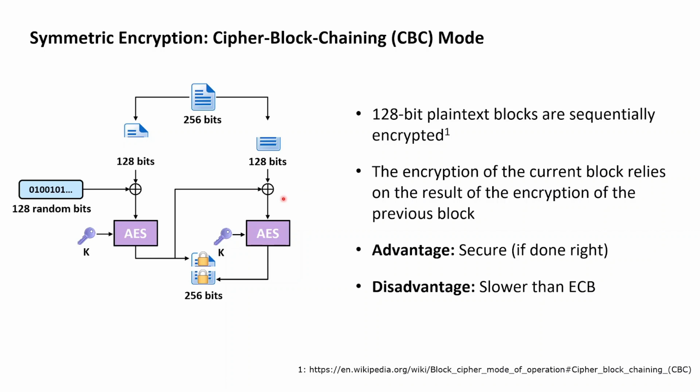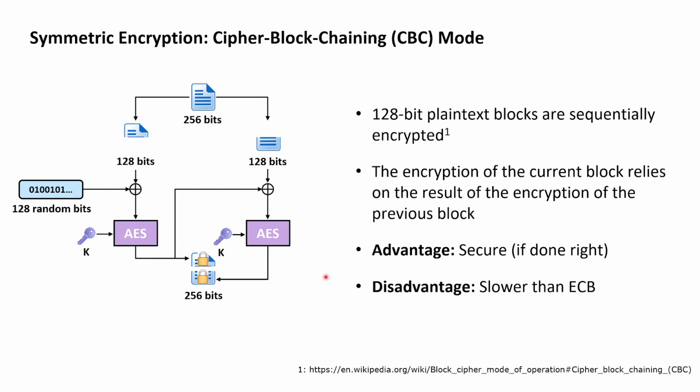The result of this XOR is then encrypted with AES and the same symmetric key, resulting in a second 128-bit ciphertext. The two 128-bit ciphertexts are then stitched together to form the overall 256-bit ciphertext.